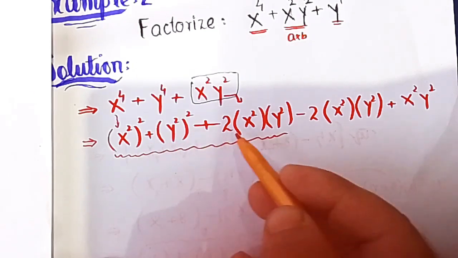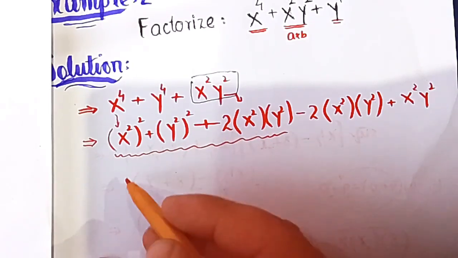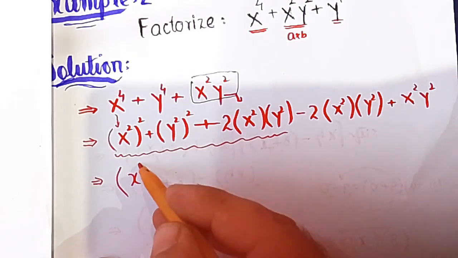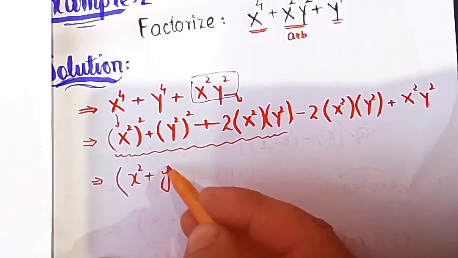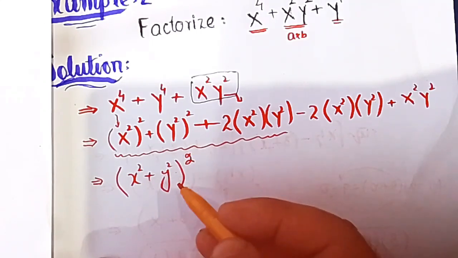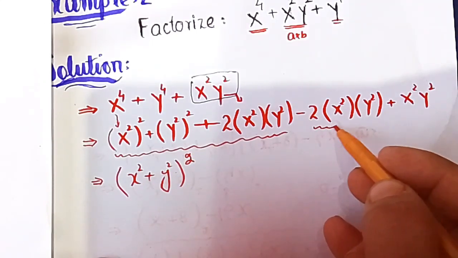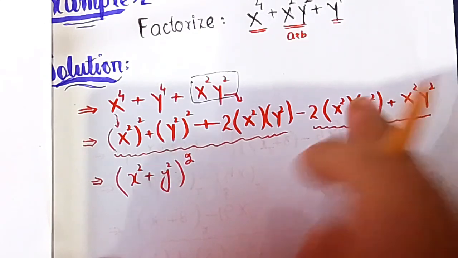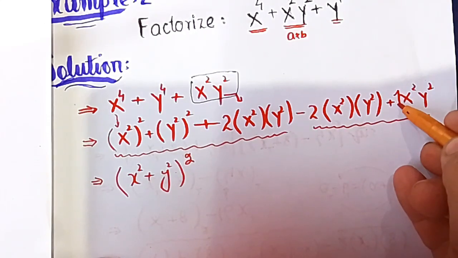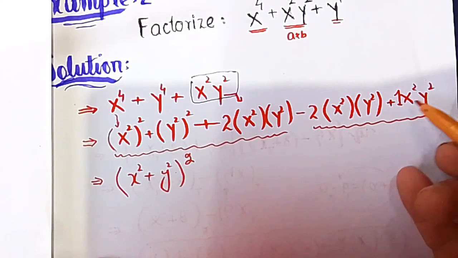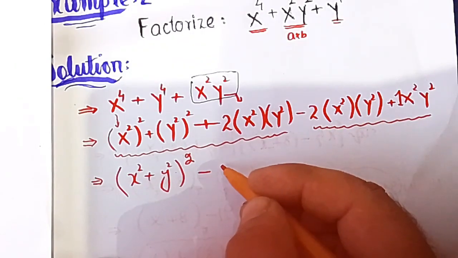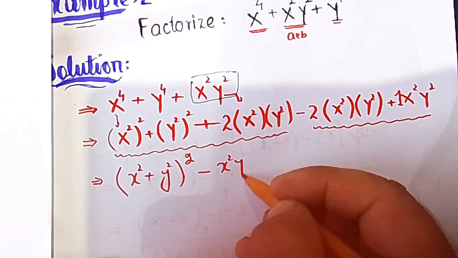These three terms make the formula of a complete square, a square plus b square plus 2ab. This is a complete square, so we can write it in square form as x square plus y square whole square, and these two terms will be solved. 2x square y square and here x square y square.